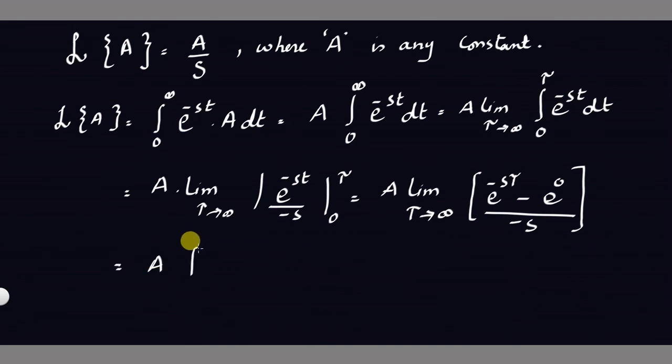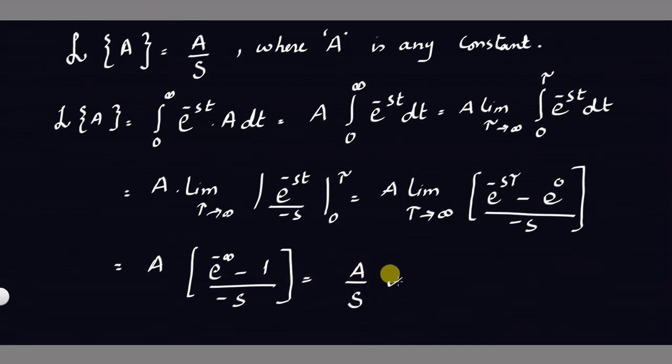We just have e raised to the power negative infinity, with e to the 0 being 1, over minus s. Finally we will get this result, and this is our proof. So in this way you can calculate the Laplace transform of any constant function by using the definition of Laplace transform.